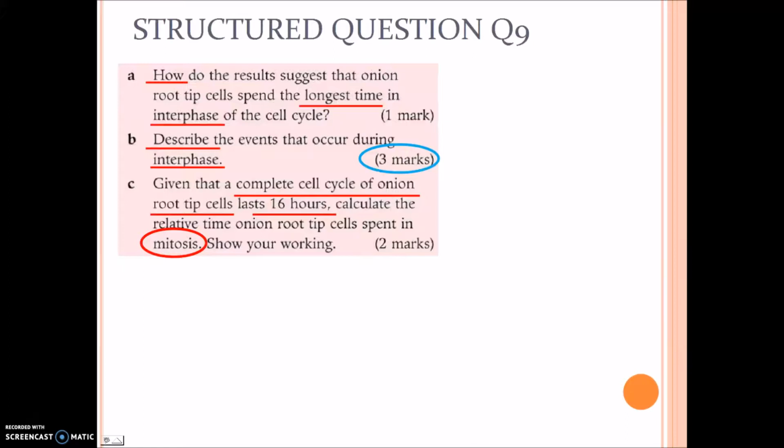There are 400-something cells in the interphase, or 6 or 7 or 14 cells in different phases. So the point is, how can you know that the cells spend the longest time in a particular phase of the cell cycle? Also, part B describes the events that occur during the interphase, 3 marks. So let's go through part A and B first.